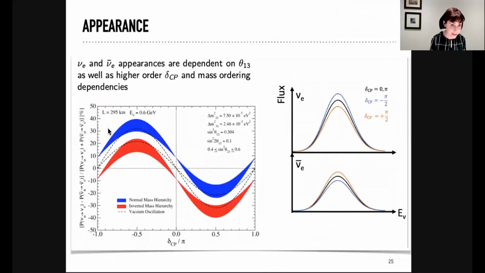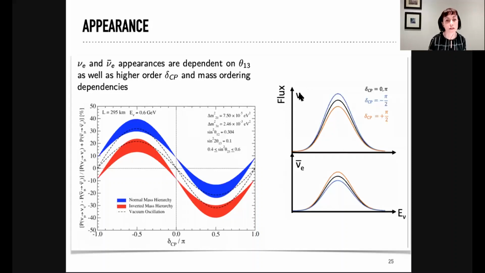The interesting bit for CP, though, is the appearance. So once you measure, you saw a dip, so they disappeared. Now you look at the appearance, and you see the electron neutrinos. And that is the difference between electron neutrinos and electron antineutrinos that gives you CP. And then this is really the flux.